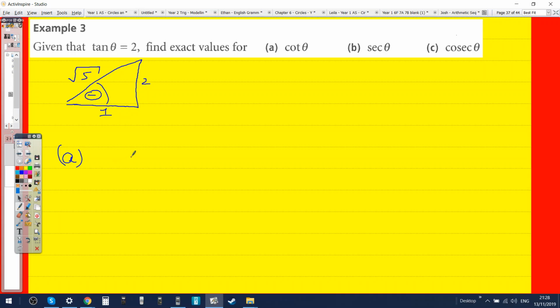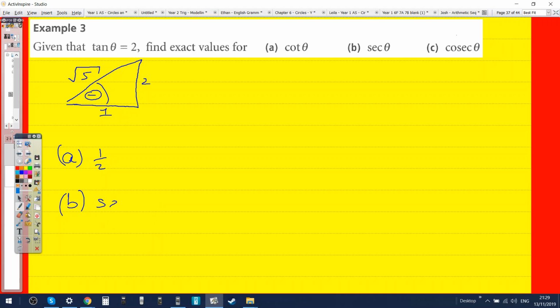It's also 1 over tan. So cos theta is adjacent over hypotenuse.